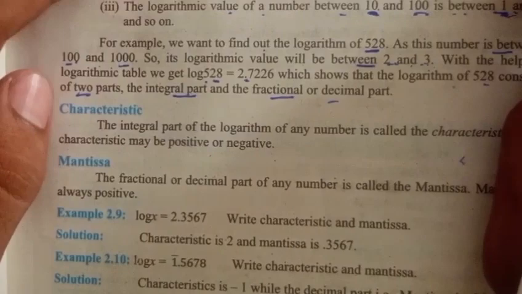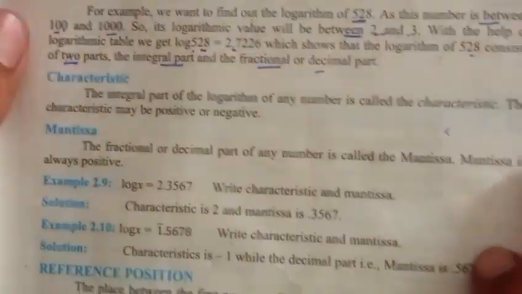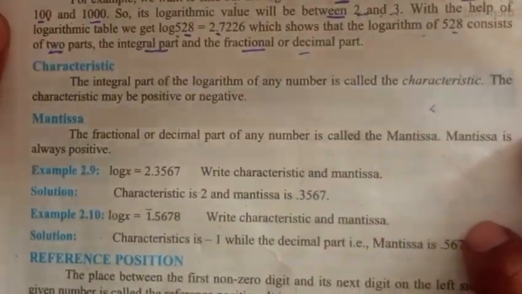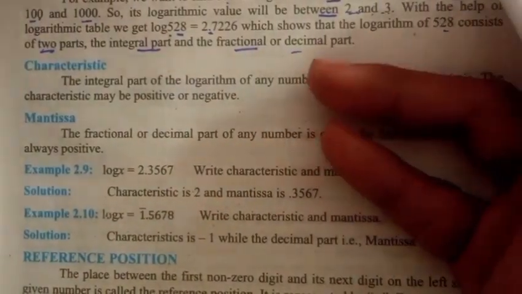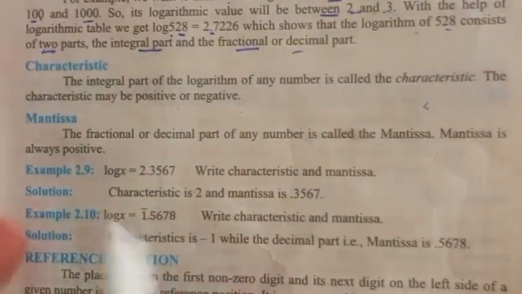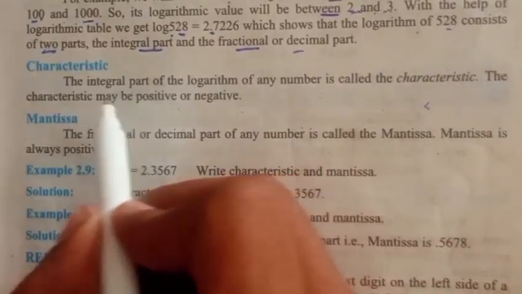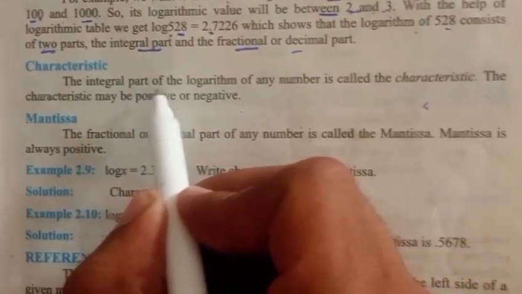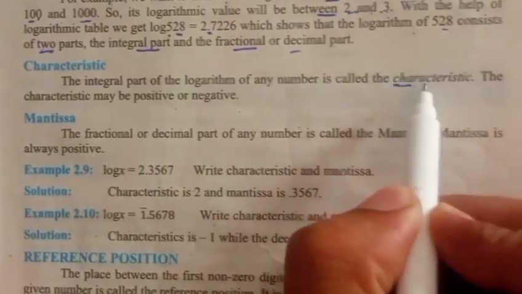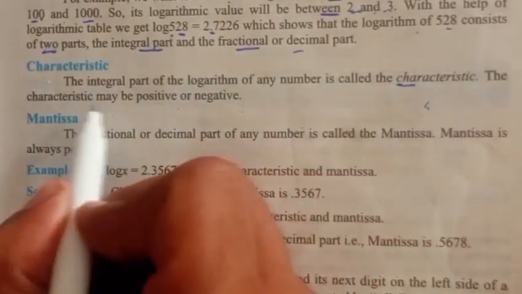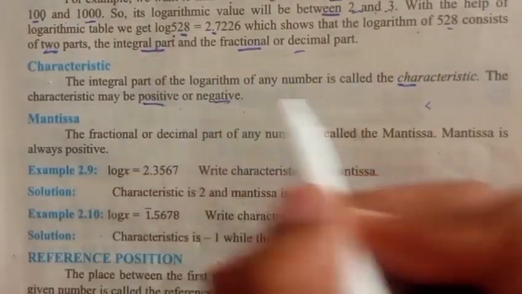Now come towards the main portion of the theory, that is characteristic. What is characteristic? The integral part of the logarithm of any number is called the characteristic. The characteristic may be positive or negative.